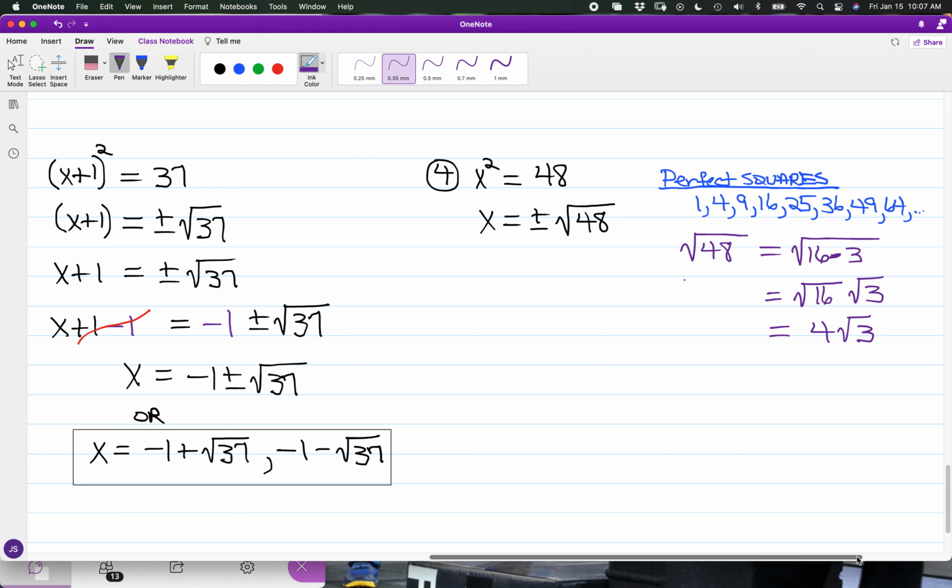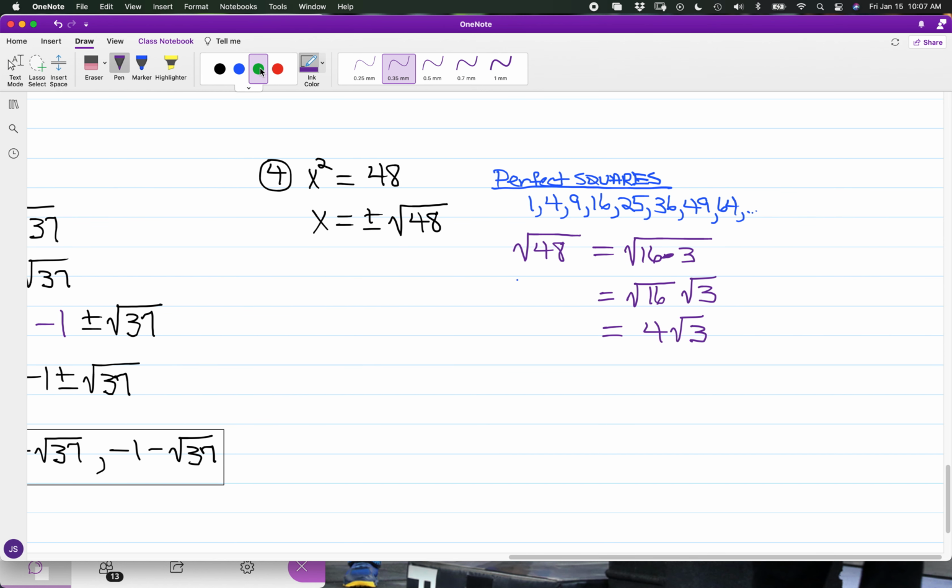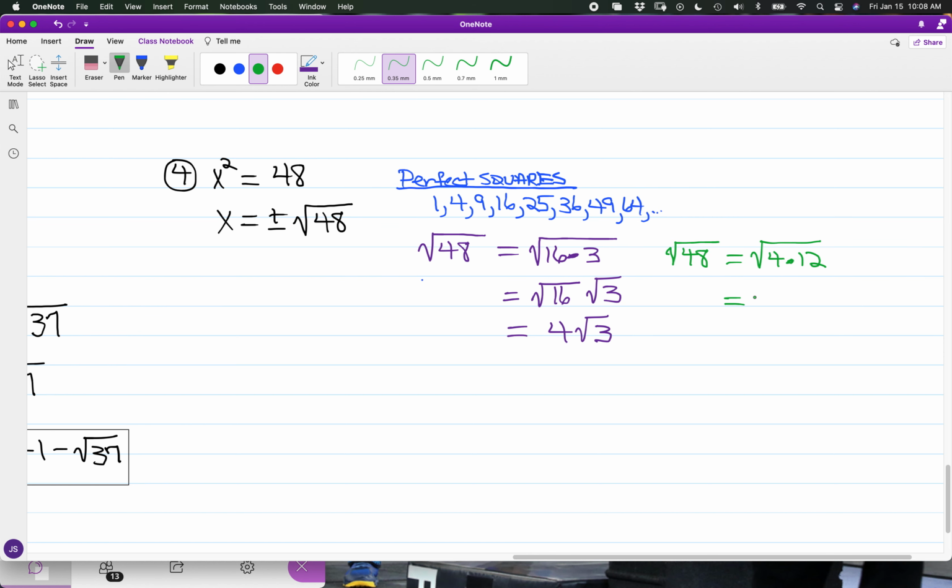And let me mention this in case, what if I had factored out 4 instead of 16? Well, it's a little bit longer a pathway, but you have the square root of 4 times 12. And guess what? 12 is not a perfect square number, but it is still a multiple of a perfect square greater than 1.